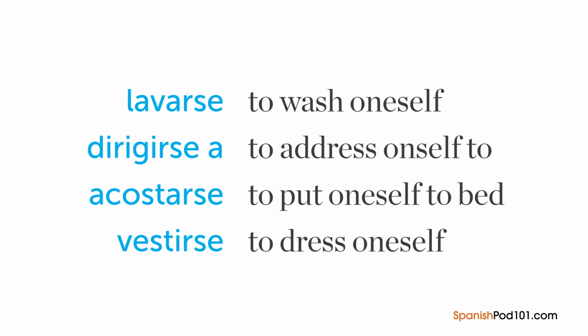These are all reflexive verbs. They all have the pronoun se attached to the verb, and they generally mean that the action described by the verb is working on the subject itself.